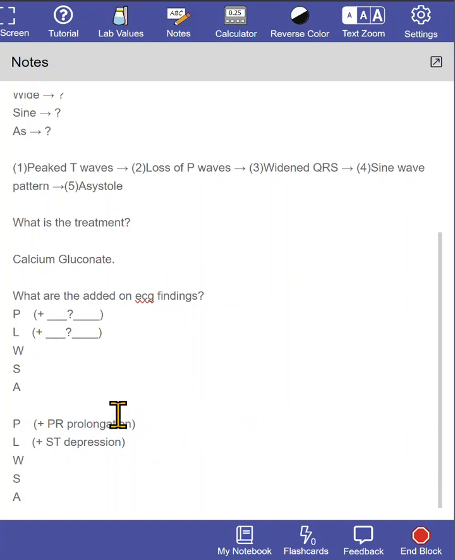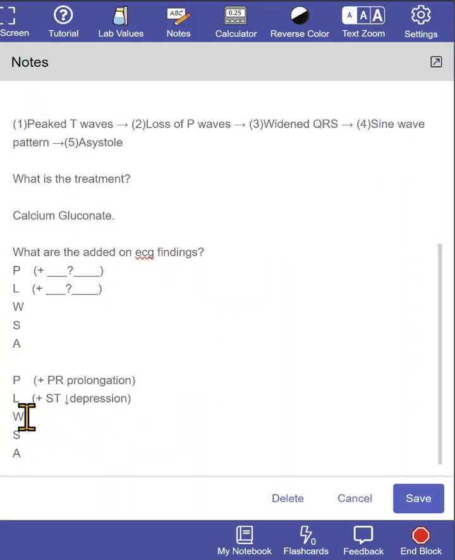Then you have widened QRS. Then you have sine waves, and then you have asystole. So what treatment? You give calcium gluconate.